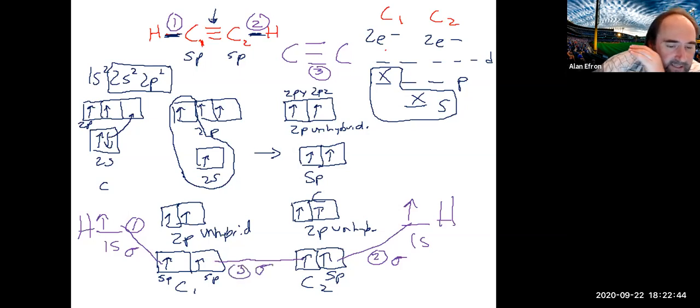We now have kind of like the double bond out of the triple bond left. And that double bond is going to be the 4th bond. And that is going to be an unhybridized p orbital and another unhybridized p orbital going to make our pi bond, and that would be bond number 4. Probably should have laid it up there. That probably would have been better.